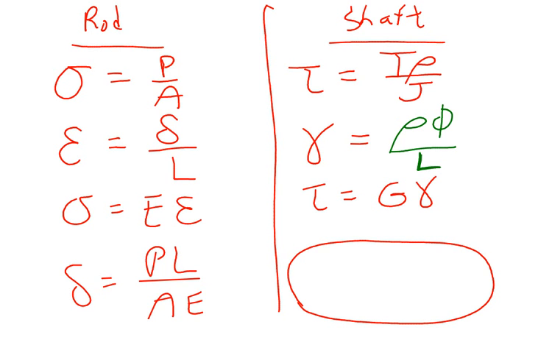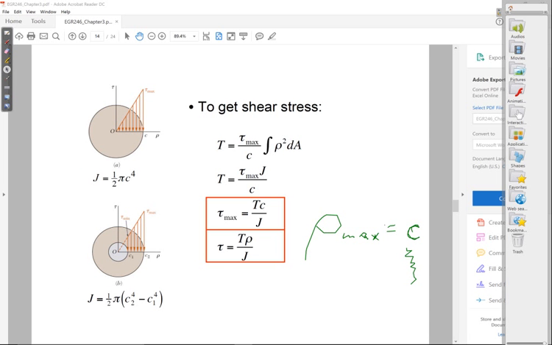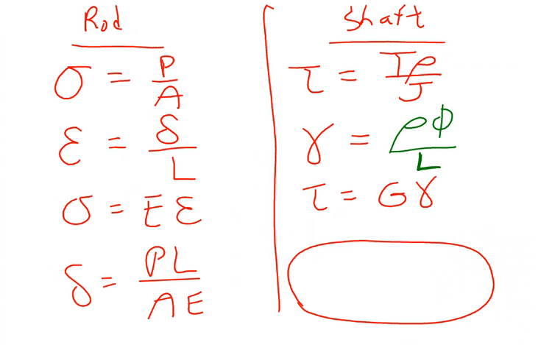You might recall from statics what a polar moment of inertia is. So hopefully this is just going to be a review. From statics, you know that there are two types of moments of inertia when it comes to 2D areas.